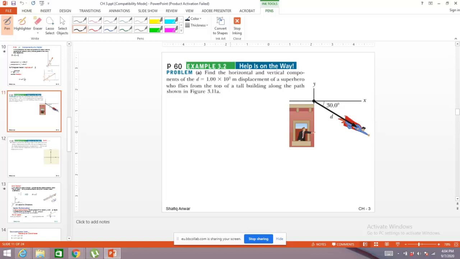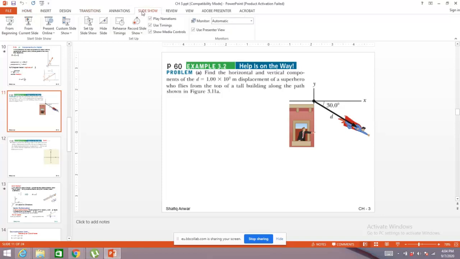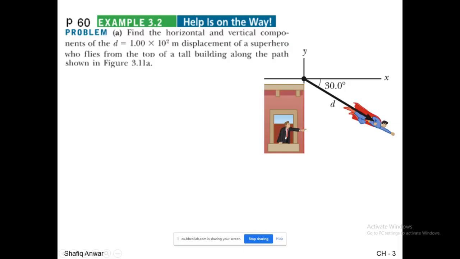Right, let's do it now. Let's do it now, the X-axis and Y-axis components of this.